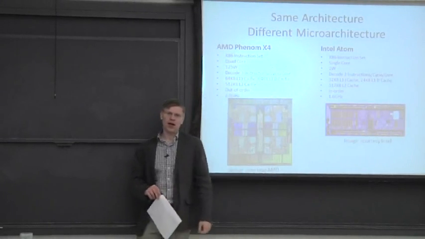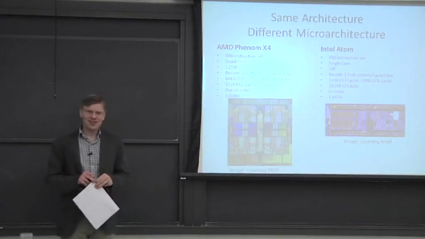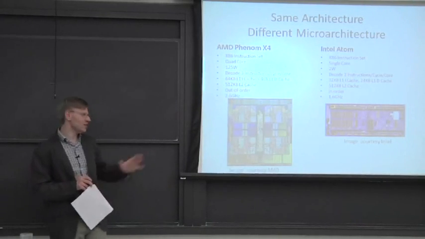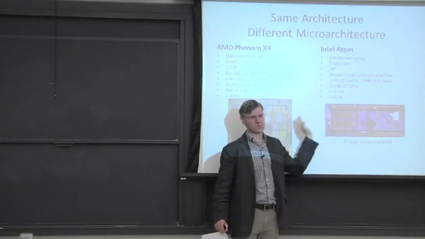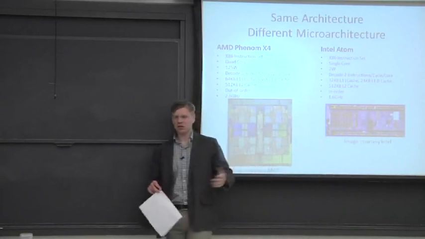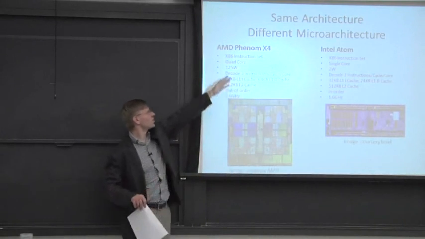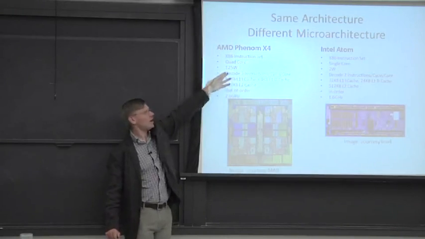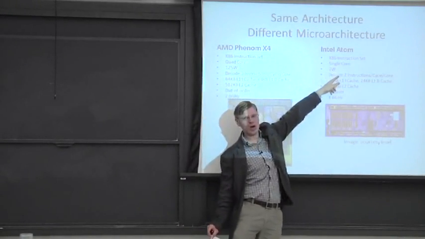They both run x86 code. And the design implementations, and this is just to point out, these are the same time frames. So this is roughly modern-day processors. This one has 4 cores, 125 watts. Here we have single core, 2 watts.